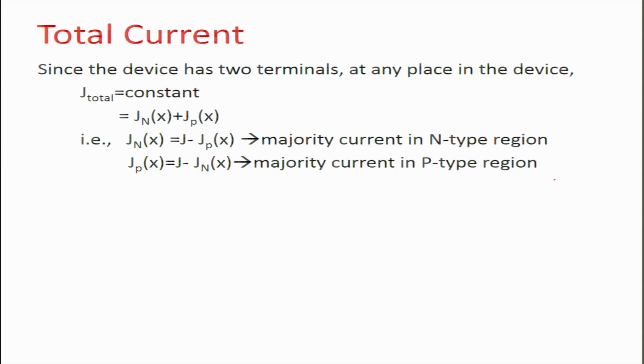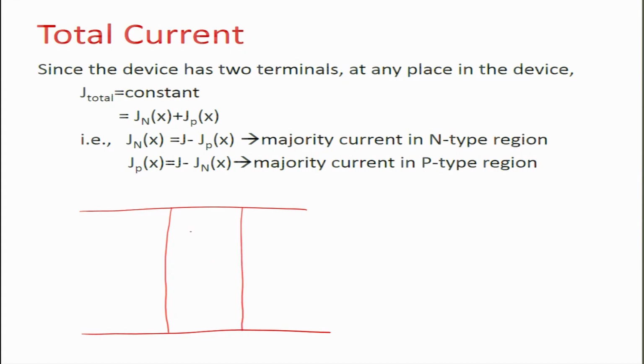So, if you now look at it in schematic terms, I can make a diagram like this. Let us say this is the depletion region, okay. So, this is minus Wp, this is plus Wn, and somewhere here we have x equal to 0.